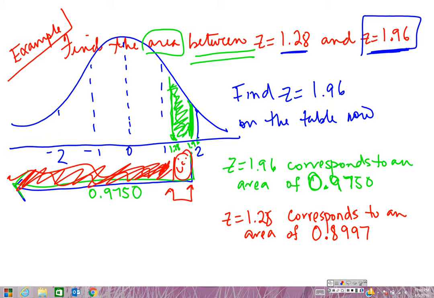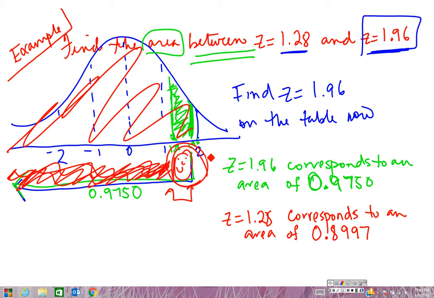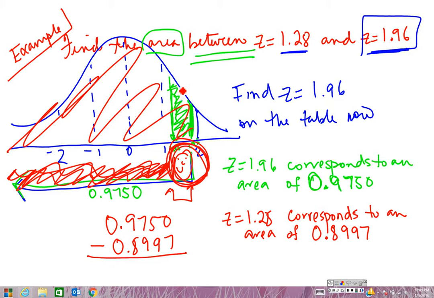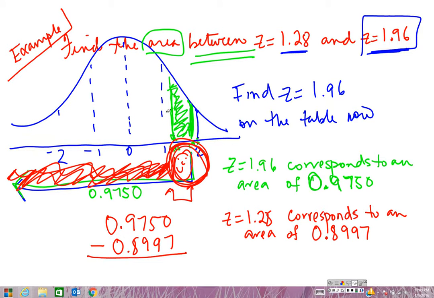Now, again, we need to subtract this area from all of this area to just get this area, right? So we're going to go 0.9750 minus 0.8997. And remember, this number should be very, very small, right? Because it's only just this little piece of that bell curve, only this in green.